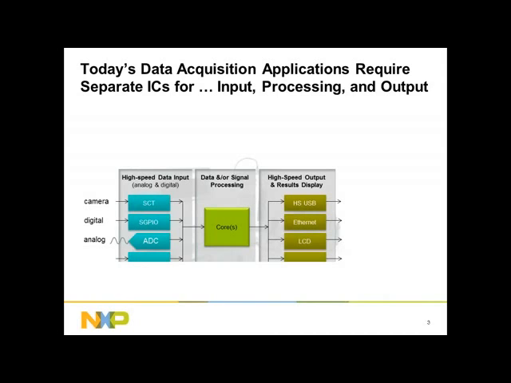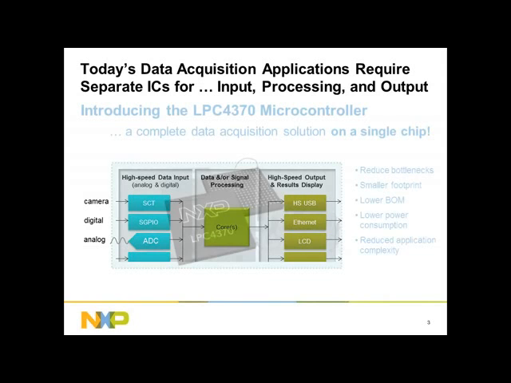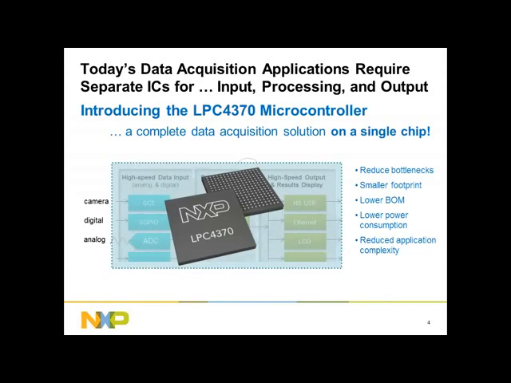We have a high-speed analog ADC. You have multiple cores, which do some of the processing, and you have some high-speed output result peripherals, like high-speed USB, Ethernet, LCD, etc. So all of this makes the 4370 a complete acquisition solution on a single chip.